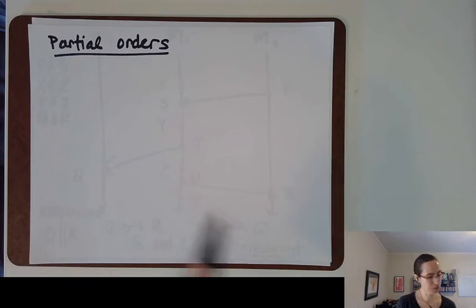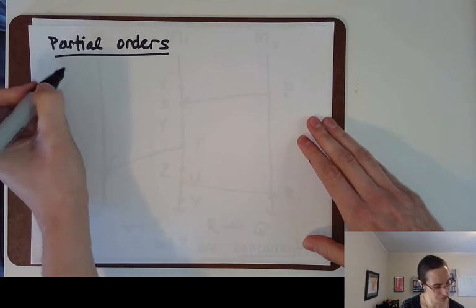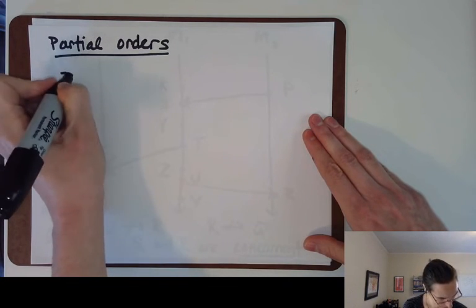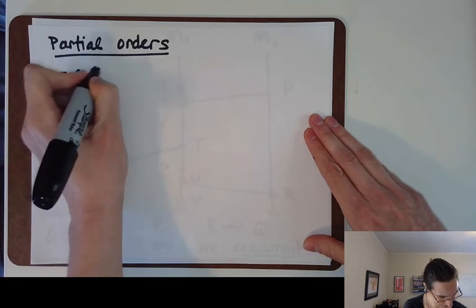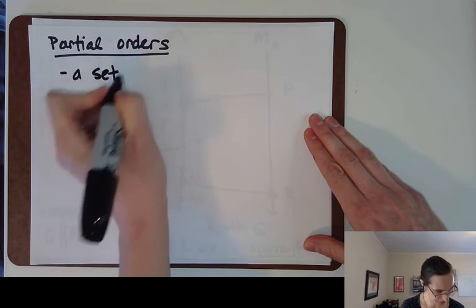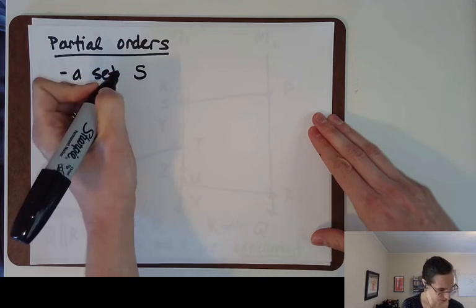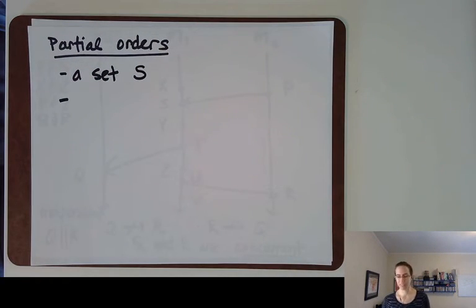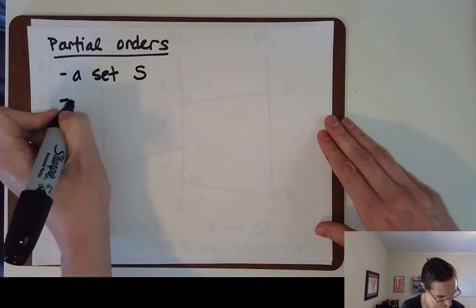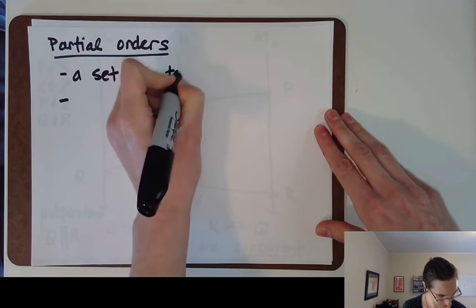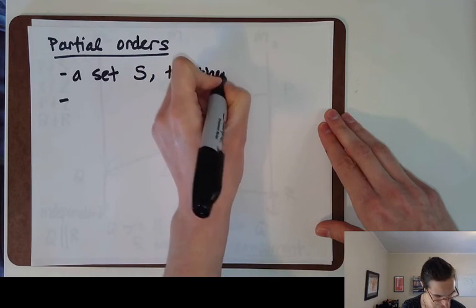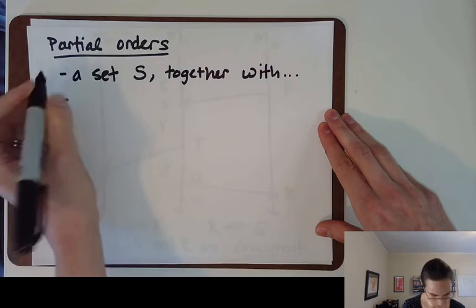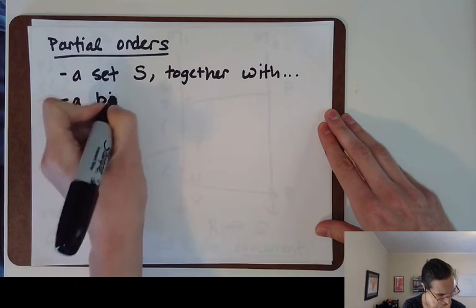So a partial order is actually two things glued together. So first, it's a set. Let's call it S. And then that set comes together with something. A binary relation.